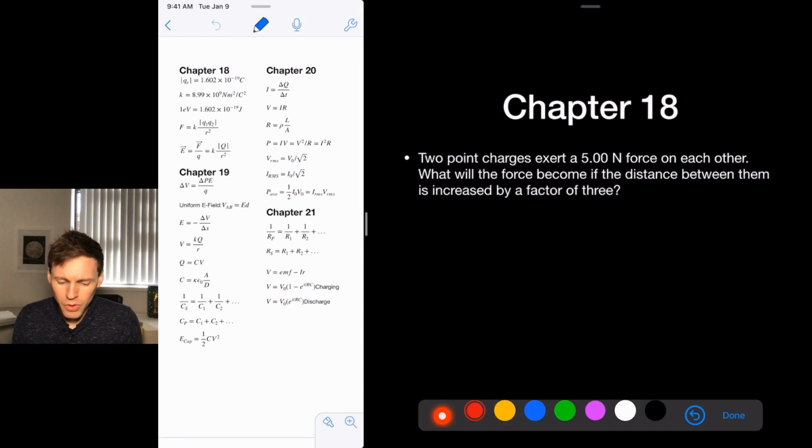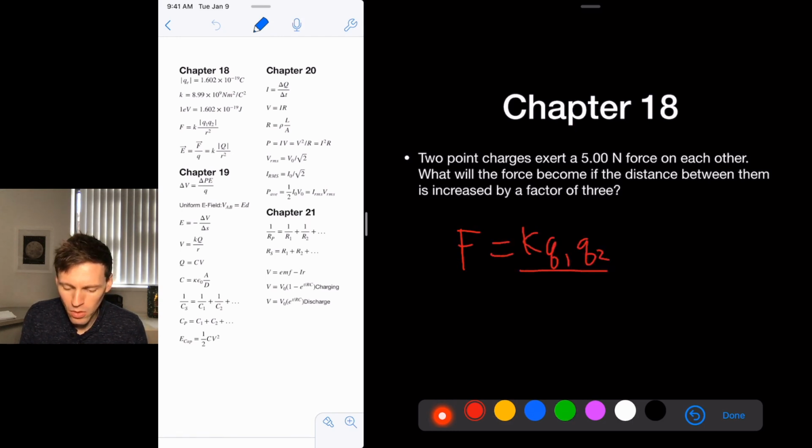All right, let's say you have 2 point charges exerting a 5 Newton force on each other. What will the force become if the distance between them is increased by a factor of 3? Okay, so pause it, resume. F is equal to KQ1 Q2 over R squared. We've got 2 point charges.